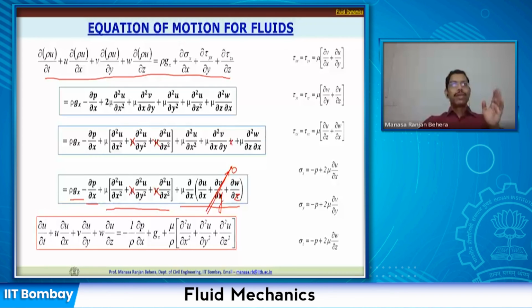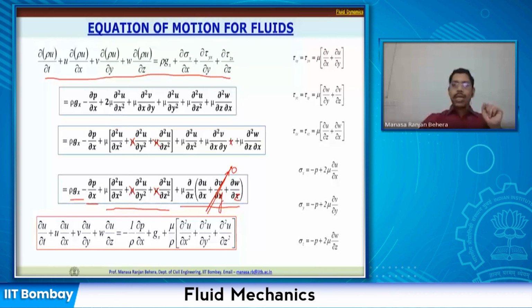So the equation will be ∂u/∂t plus u ∂u/∂x plus v ∂u/∂y plus w ∂u/∂z equals minus 1/ρ ∂p/∂x plus g_x plus μ/ρ (∂²u/∂x² plus ∂²u/∂y² plus ∂²u/∂z²). All right, so this is your equation of motion which you have derived now.